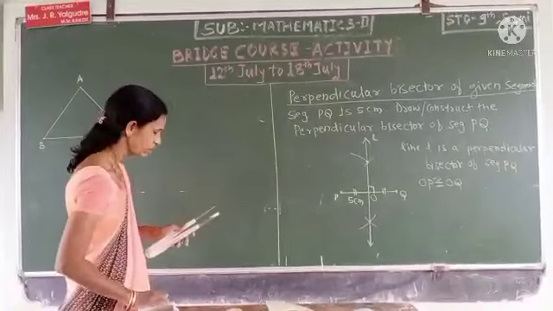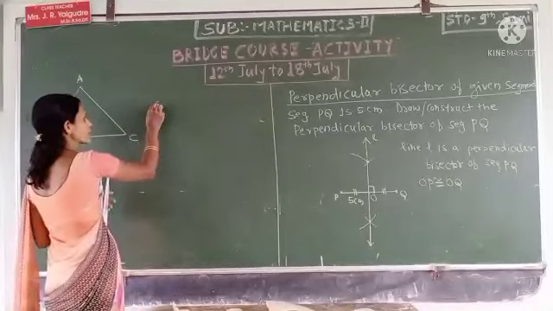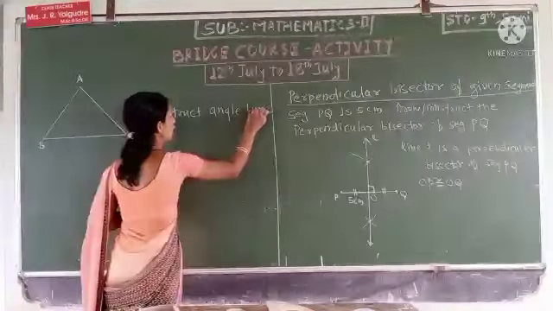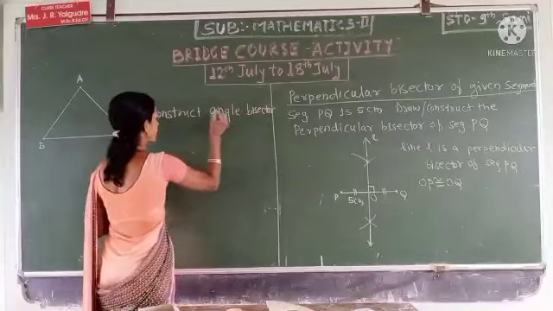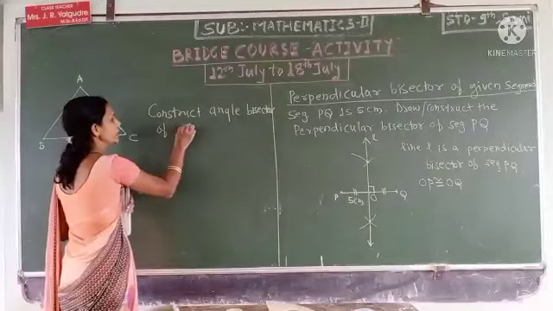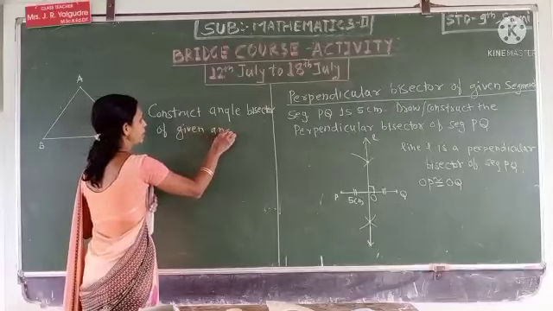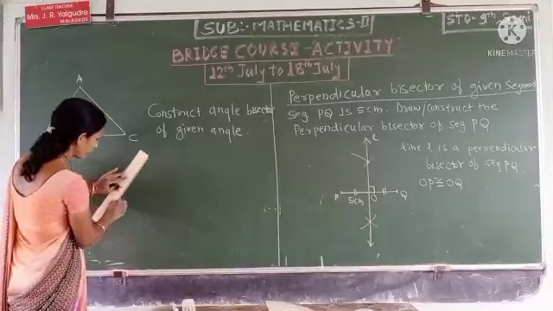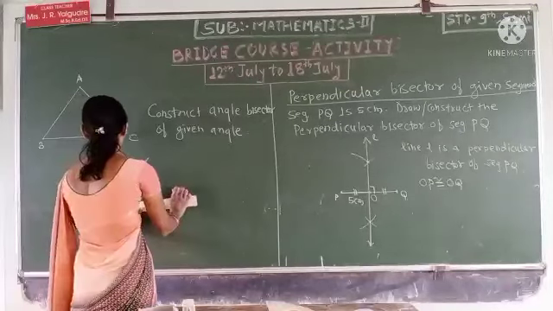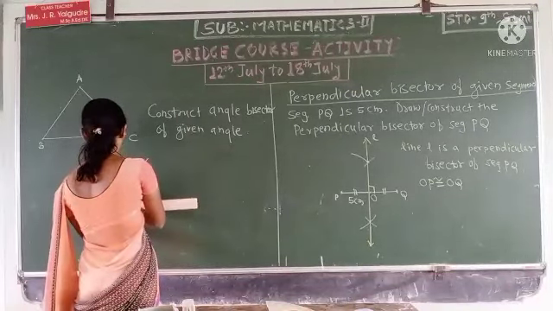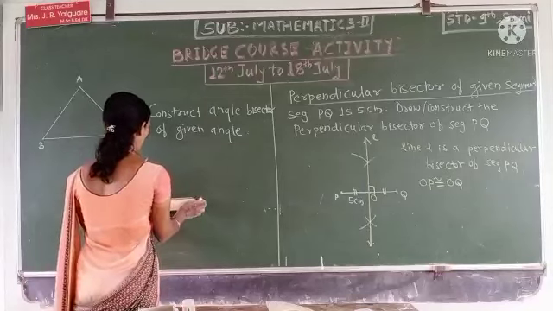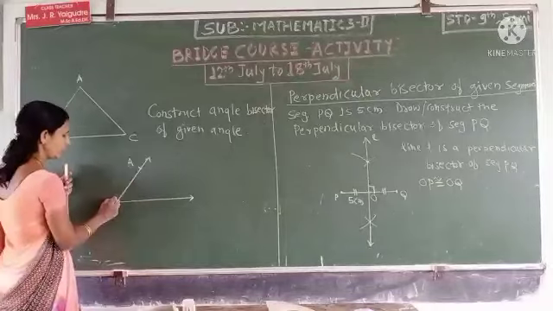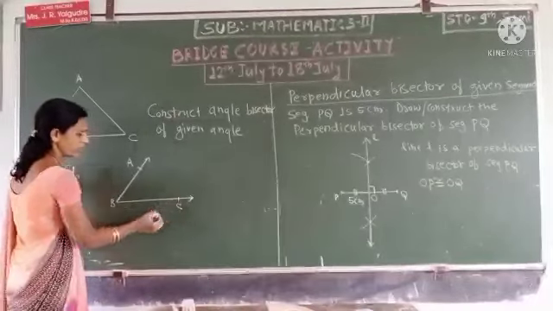Similarly, we can do one more construction, that is construction of the angle bisector of a given angle. See here, draw an angle of any measurement and label that angle as ABC.